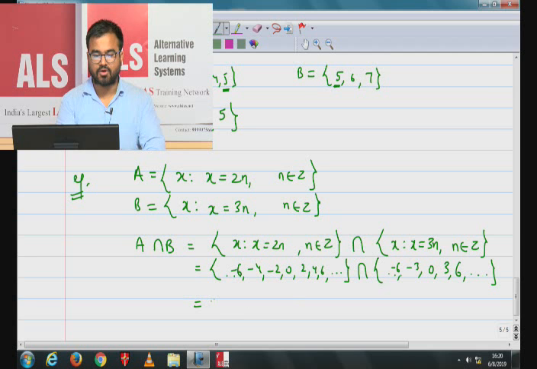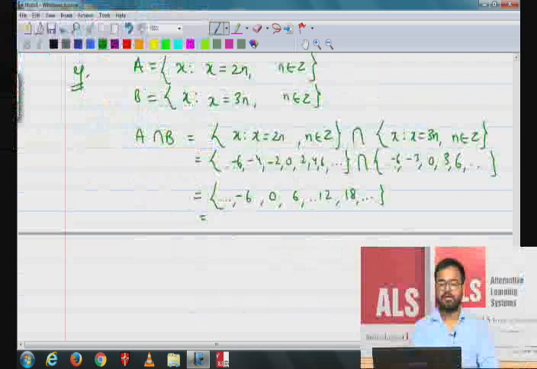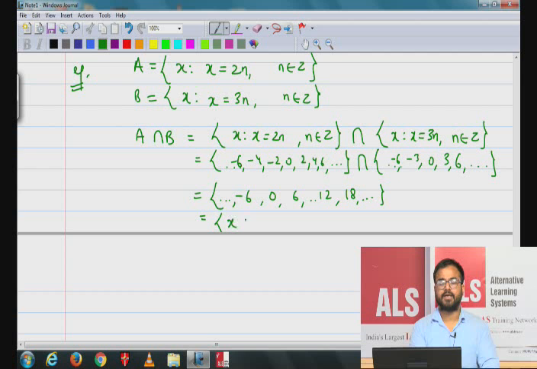So we can write the common elements as -6, then 0, then 6, then 12, then 18, and so on. We can also write this as the set of all x such that x is equal to 6n, where n belongs to integer.